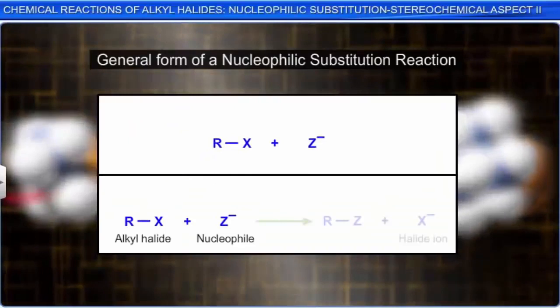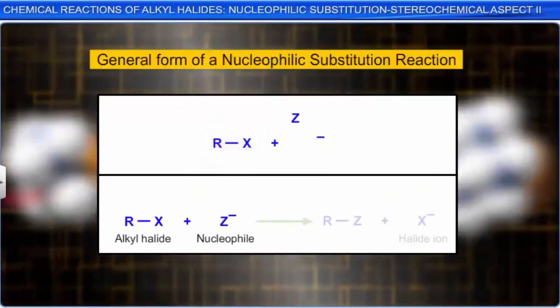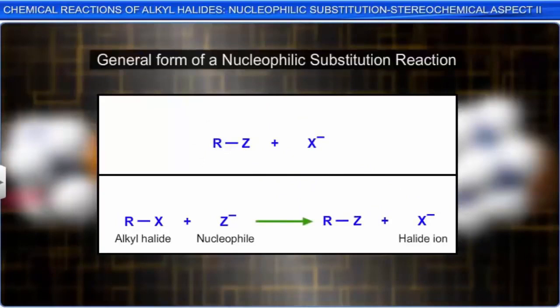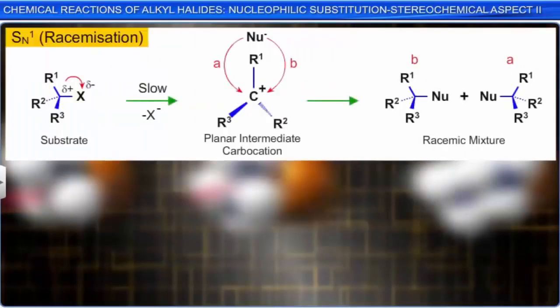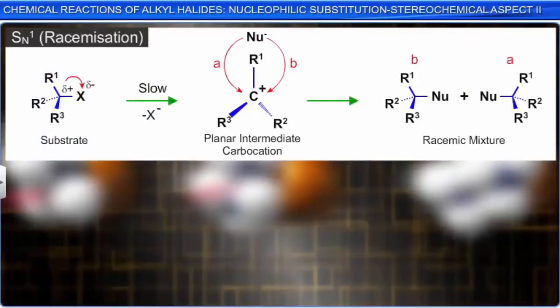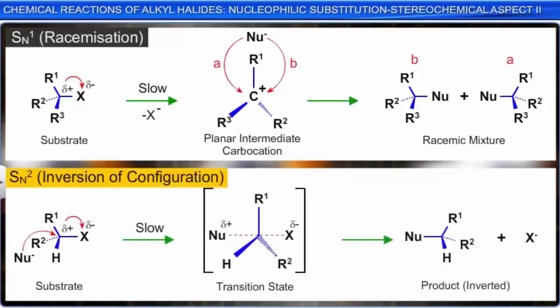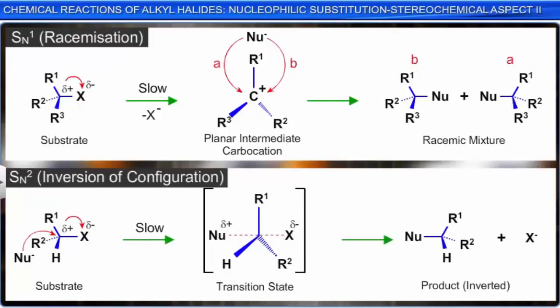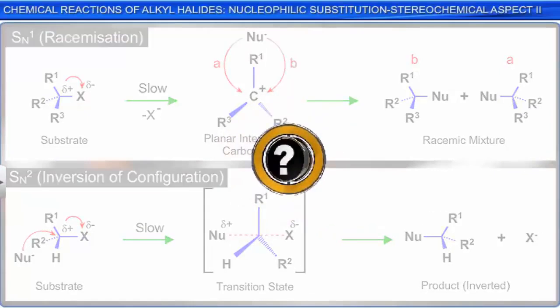You are already familiar with the reaction mechanism of nucleophilic substitution reactions of alkyl halides. An SN1 reaction is accompanied by racemisation, while an SN2 reaction proceeds with inversion of configuration. Can you think why?